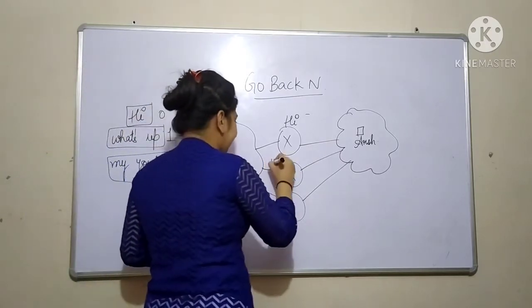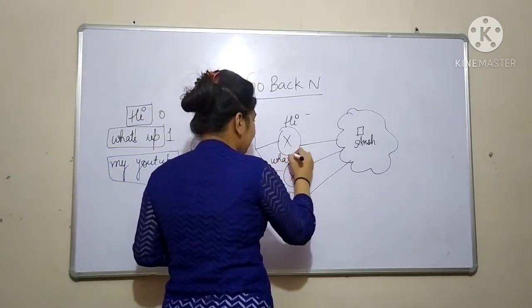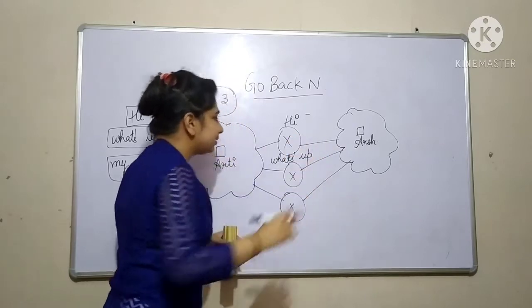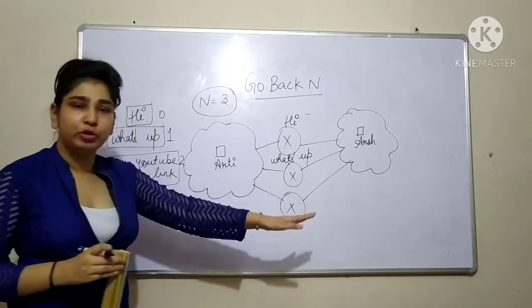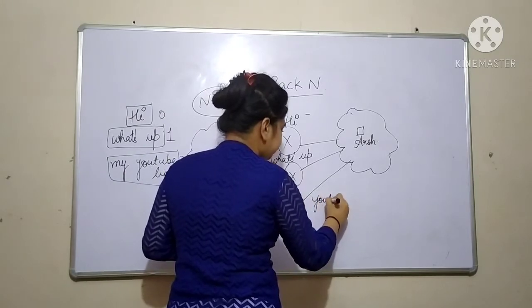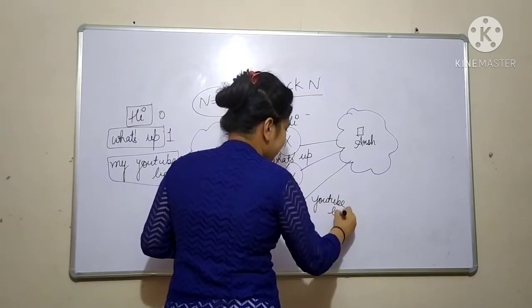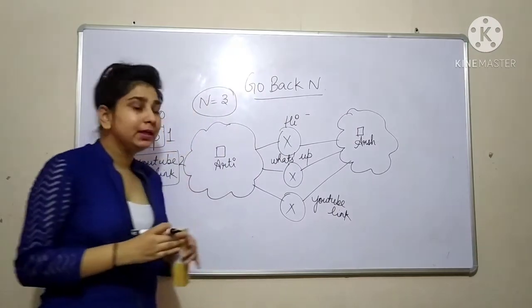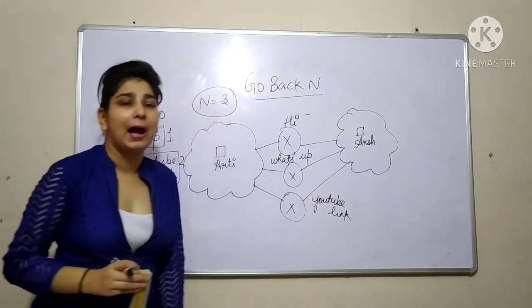The second packet, what's up, is moving through this path, through this router, and the third, my YouTube link packet, is moving through this third path.